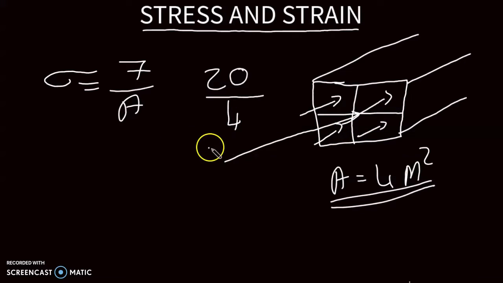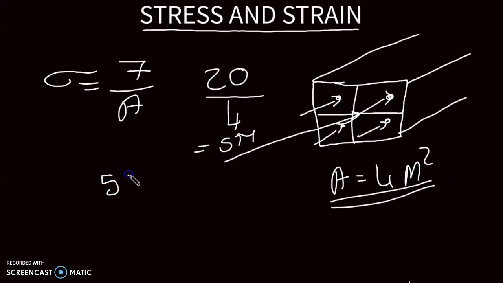In this case, we are going to get 5 newtons, meaning 5 newtons will be applied on this section, 5 newtons on this section, and this section. The 5 newtons will be applied on each and every square meter of the object, depending on the number of square meters that we have.